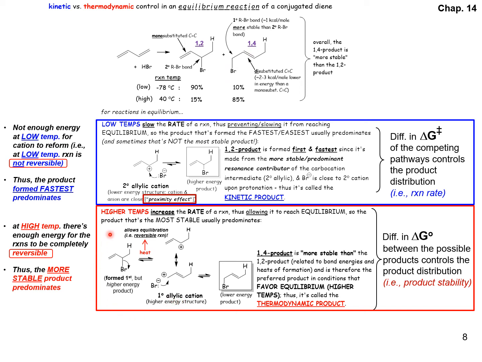Even though you might have a significant number of molecules of the 1,2 addition product forming right away at the beginning of the reaction, this is a reversible reaction. Even though this forms, you could break this carbon-bromine bond, reform the carbocation, which could then react at the primary allylic carbocation carbon to form the more stable thermodynamic product.